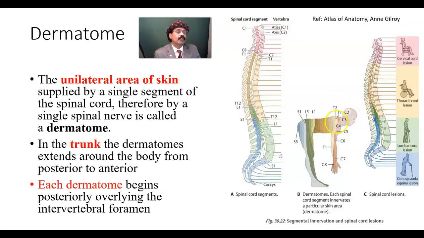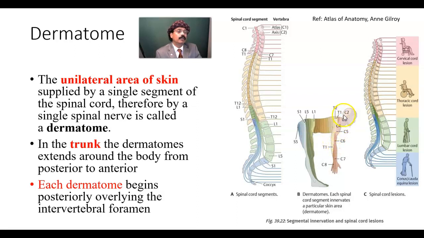We have C2, C3, C4, and if we think of the upper limb that developed from the limb bud, the lateral aspect is above, and the medial aspect of the upper limb is below.